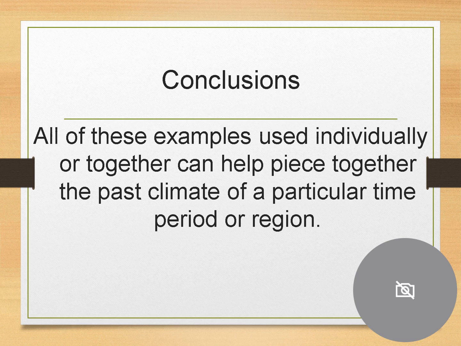In conclusion, all those proxies, used together or individually, can give us information about climate change in a particular period or region. So it is recommended to use multiple analyses to have reliable data.